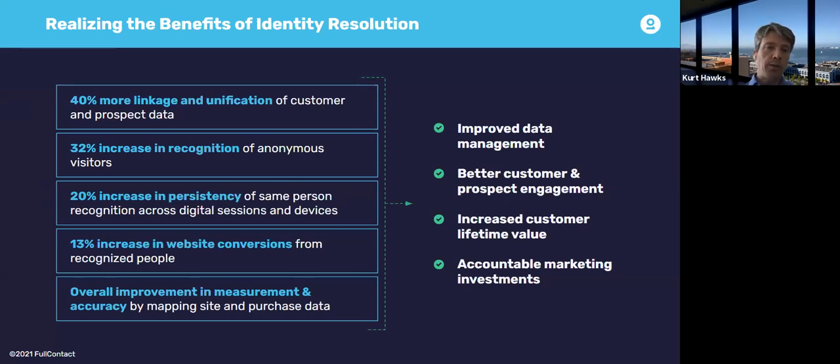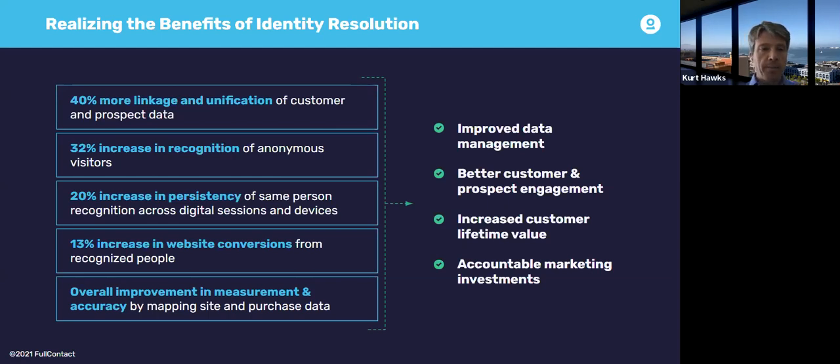If we think about different touch points, anybody who has a website, think about the percent of those website visitors that log in, and not everybody logs in. In fact, more people probably visit the website anonymously than log in. So with those anonymous visitors, we can provide a 32% increase in recognition of anonymous visitors and tying those anonymous visitors to the customer file, to the CRM file.